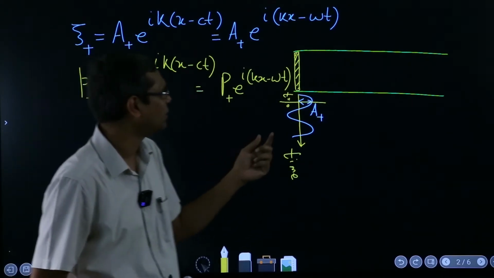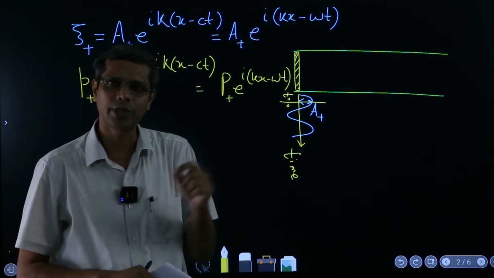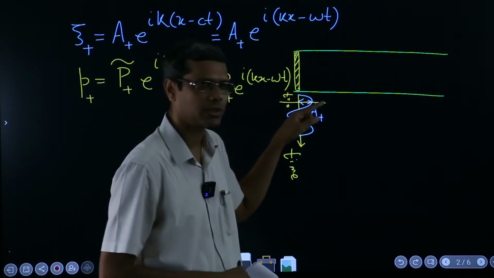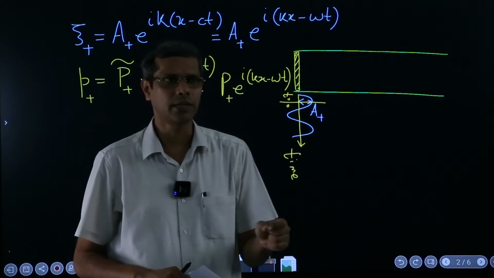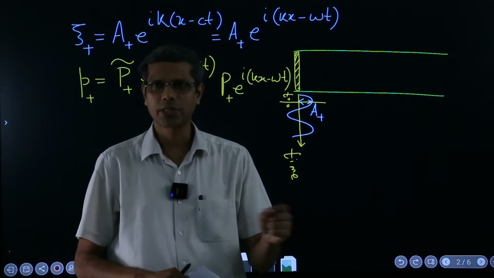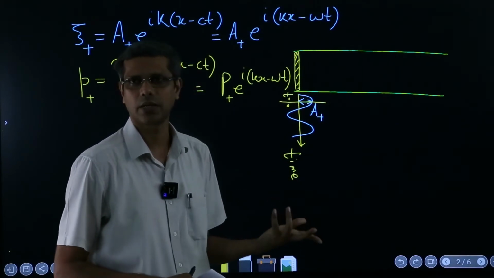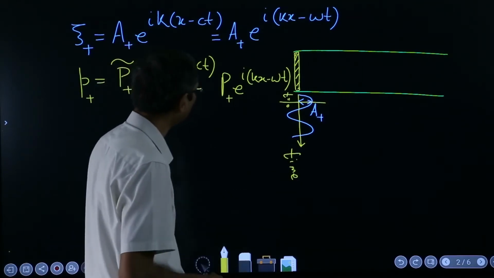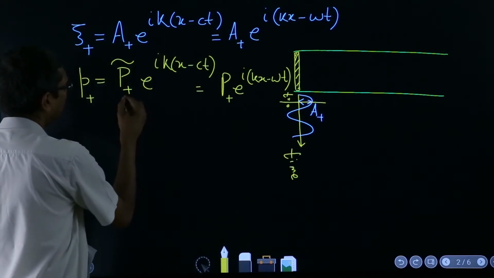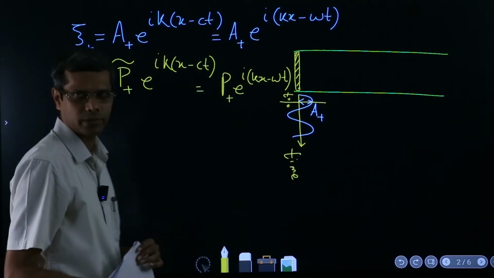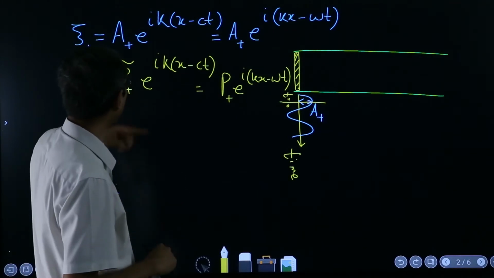If you think that you are trying to visualize in terms of moving the piston, which I am comfortable with, because it's very intuitive to think that you are moving the piston with a given displacement function of time. Okay. Now if you do that, then p will become a complex number.